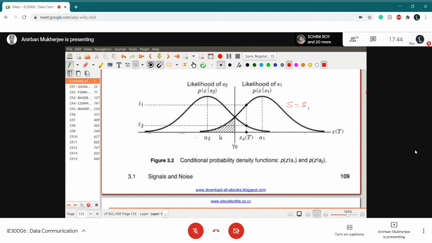In the opposite case, when S equal to S2 is transmitted and Z(T) is here, this will be the error. For gamma 0 equal to something, this is my one side error, this is another side error, and together this is the probability of error. Now let us see what that is.